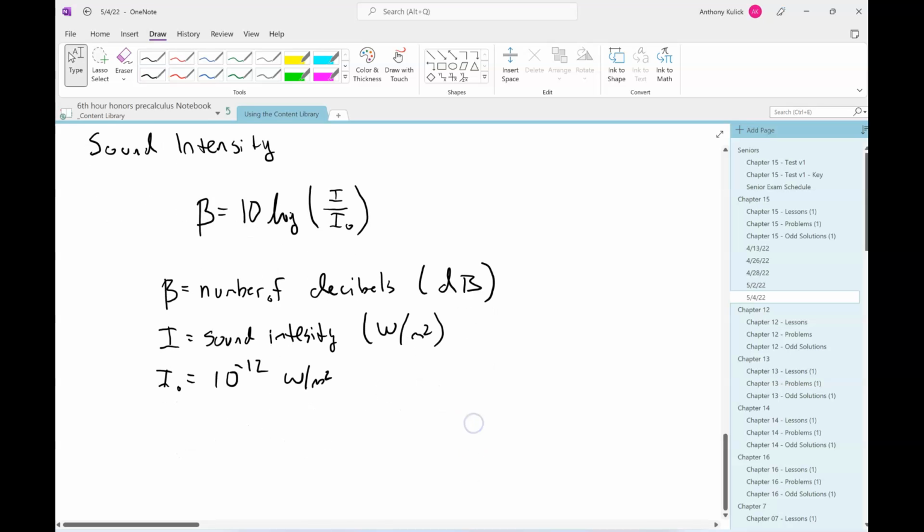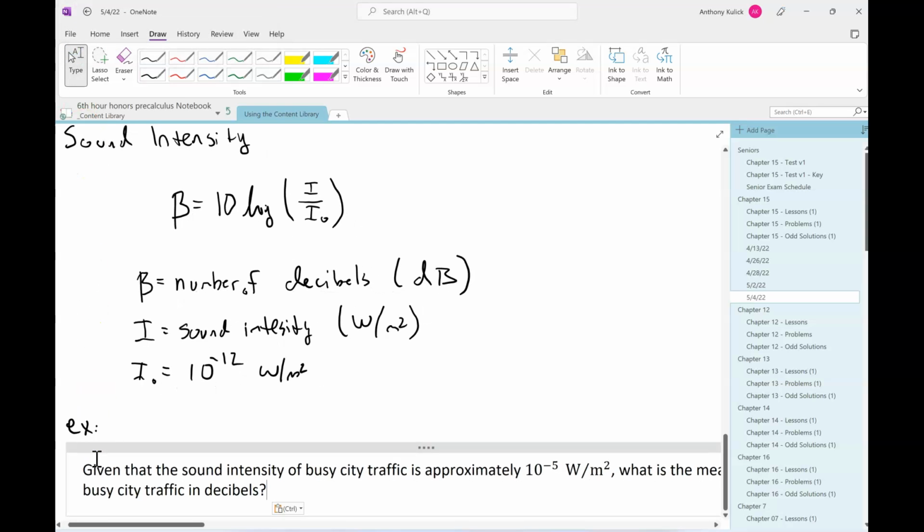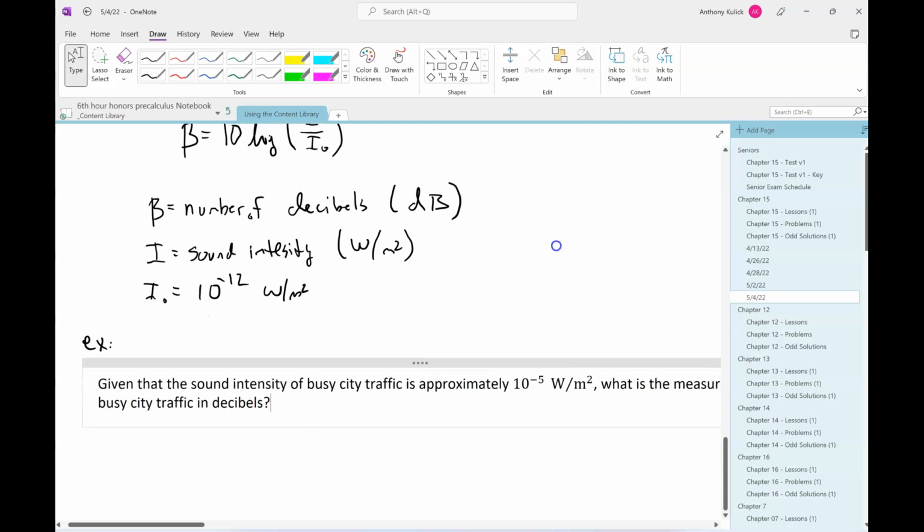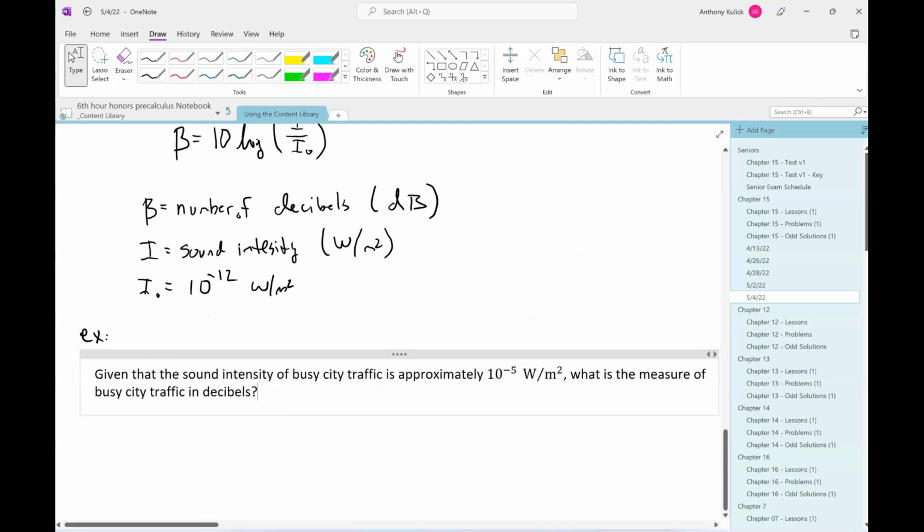So let's look at an example. Given that the sound intensity of busy city traffic is approximately 10 to the negative fifth watts per meter squared, what is the measure of busy city traffic in decibels?